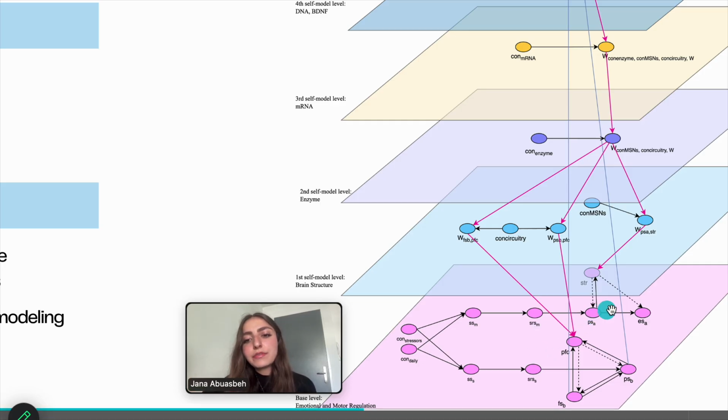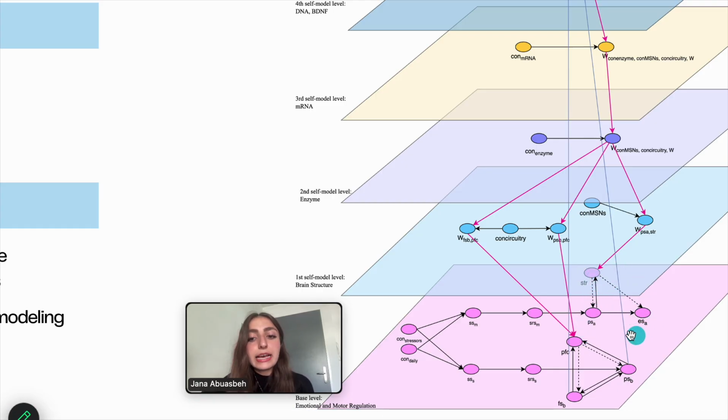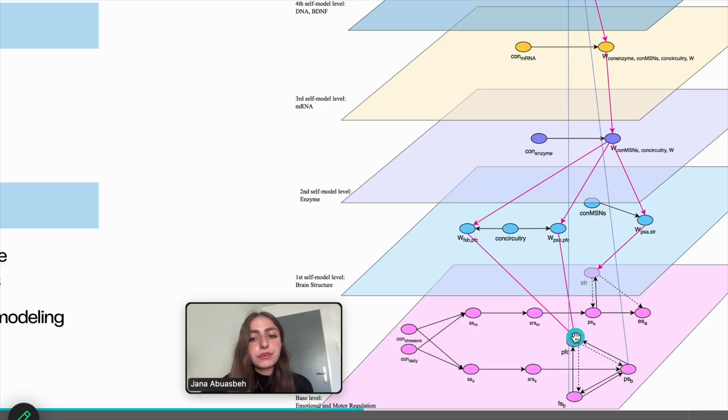And then we have these preparation states, up here for an action and down here for an emotion. The striatum can control the preparation and execution of an action, and the prefrontal cortex is able to modulate this cycle of preparing and feeling an emotion.